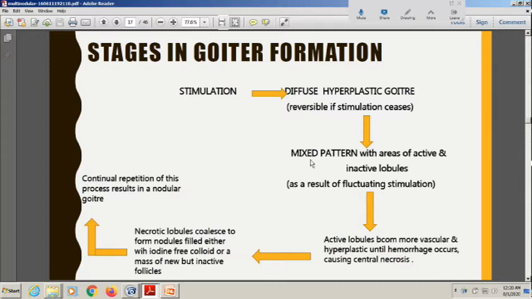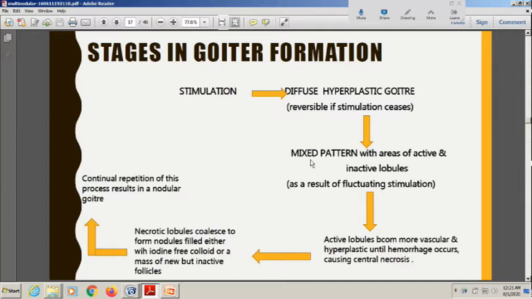They try to form more T3 T4 until hemorrhage occurs, which results in central necrosis. Now these necrotic nodules combine to form nodules, which are either filled with iodine or colloid, or sometimes there is no colloid, and they combine to form a mass, which is mostly inactive. Continued repetition of this process results in a multinodular goiter.